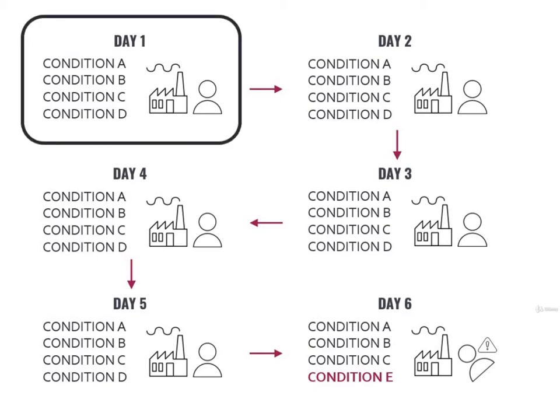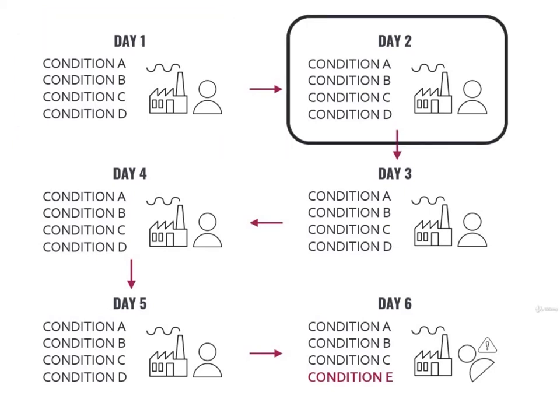Think of it this way. Your company works with conditions A, B, C, D. Condition A may be using a certain machine. Condition B may be using a certain PPE. Condition C may be using a certain substance. So your company works with conditions A, B, C, D, and your worker is completely fine. Days pass by.